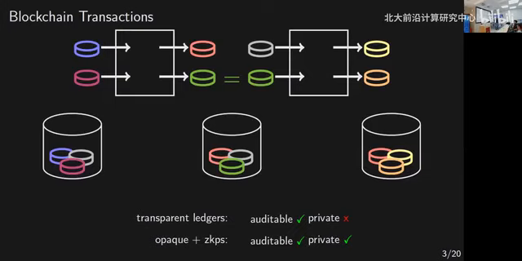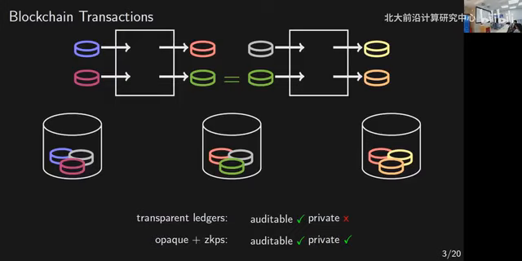The UTXOs don't do any hiding of data. And so while that is excellent for auditing, making sure that whenever someone claims to own a set of coins, you can verify this. It's very good for verifying that transactions don't spend more money than is coming in. But it's terrible for privacy.